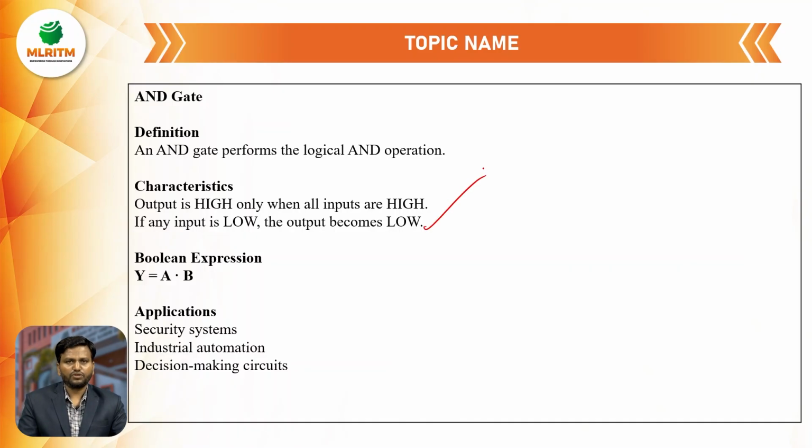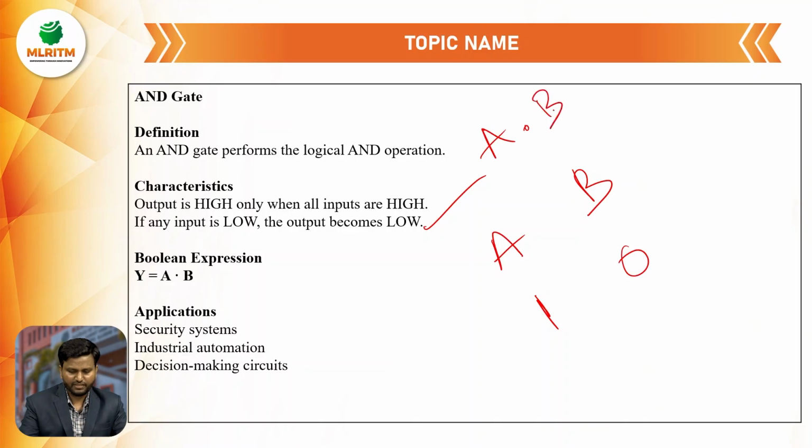If any input is low, for example A value 1 and B value 0, the AND operation A dot B gives the result 0. For output 1, both A and B variables should be 1 into 1, all positive values.